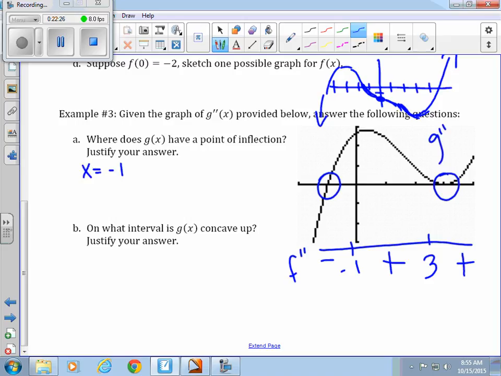X equals negative 1. Why? And I heard someone say negative to positive. You can say that, or you can say changes signs. Both of those will work. What intervals are we trying to pick up?